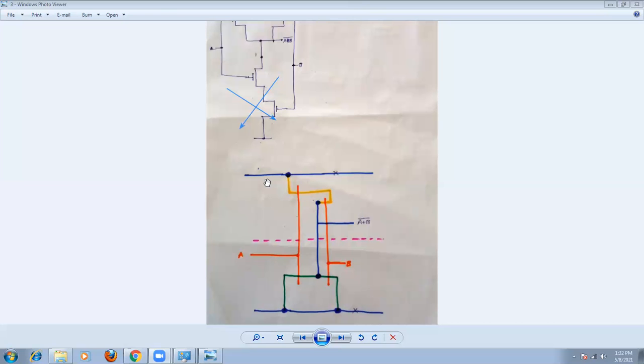Similarly, we are going to use metal 1 layer and contacts. We are not using the buried contact, so we are only using the ordinary contact. Whenever metal 1 is joined with any other layer, we are going to use a simple contact, an ordinary contact.